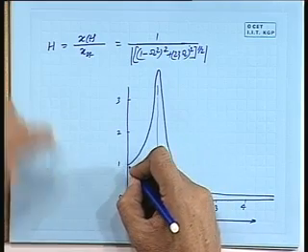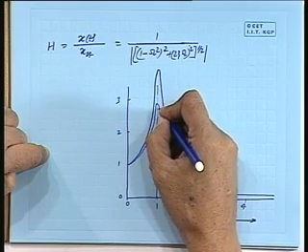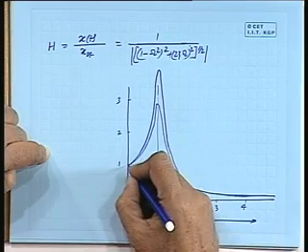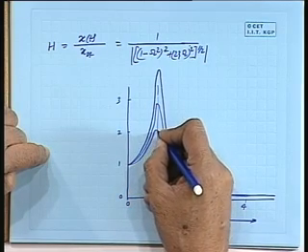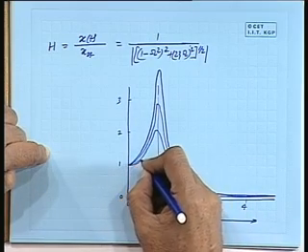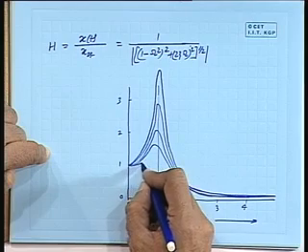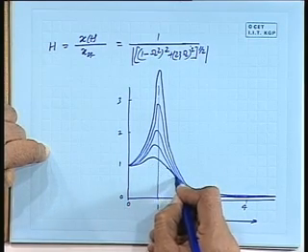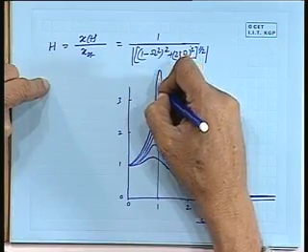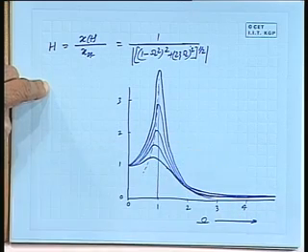Now, if you increase the value of zeta, the peak will be shifting like this.